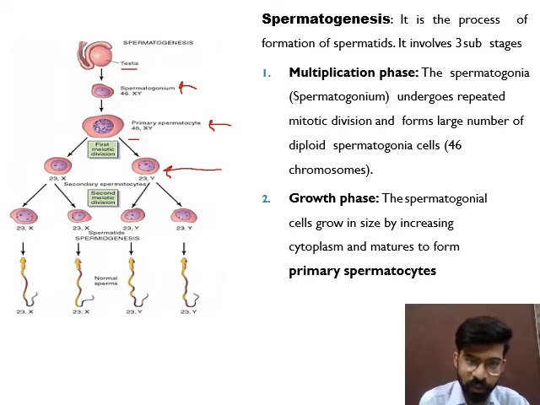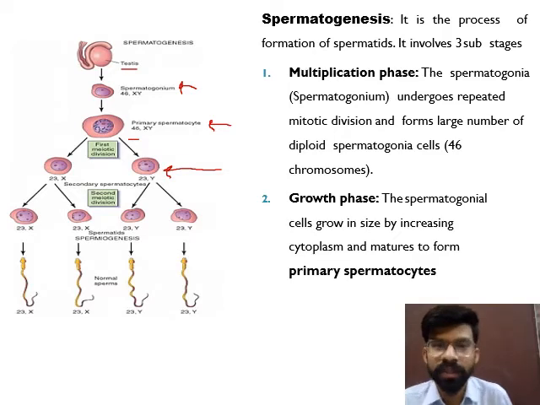Haploid means single set of chromosome. Primary spermatocyte is diploid, which means 46 chromosomes are there, but in secondary spermatocyte a haploid set is there, 23 chromosomes. Then the secondary spermatocyte will change into spermatids, and by further structural changes sperm gets formed.